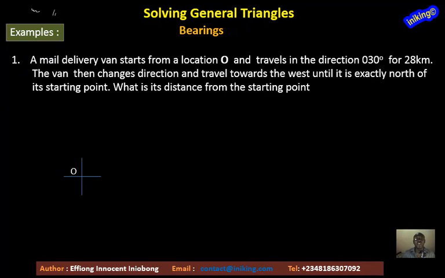Example 1 states, a mail delivery van starts from a location O and travels in the direction 030 degrees for 28 kilometers. You may already want to represent that. 030 is simply saying we should draw 30 degrees from the north direction.